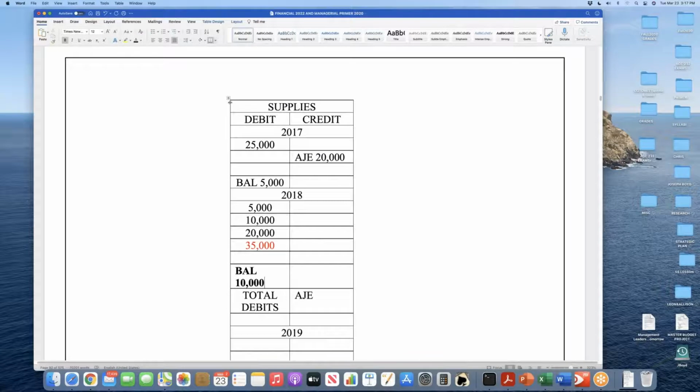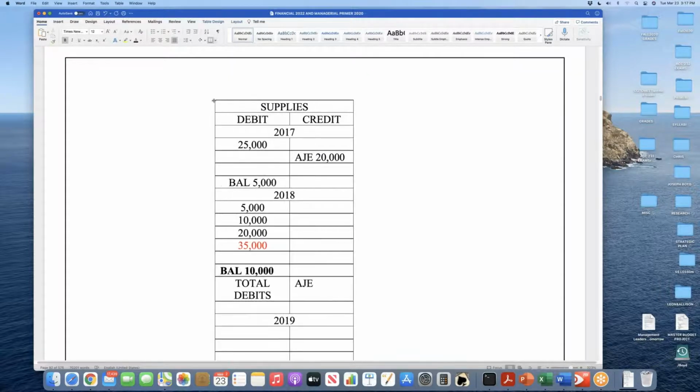That might be a good assumption. So if we got 5,000 from the year before, then 10 and 20 for 35, and it's now 10, then the AJE has to be what? 25,000. So that becomes the AJE.